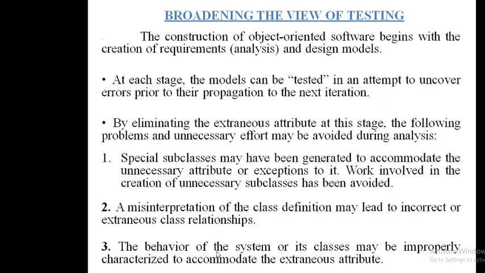Then the third one is that the behavior of the system or its classes may be improperly characterized to accommodate the extraneous attributes. Whatever system or classes you use in software development must have proper behavior. If there is improper system behavior or improper classes, they give a chance for extraneous attributes, that means improper, unwanted attributes may be placed in your classes.